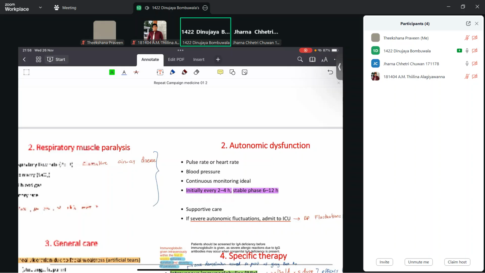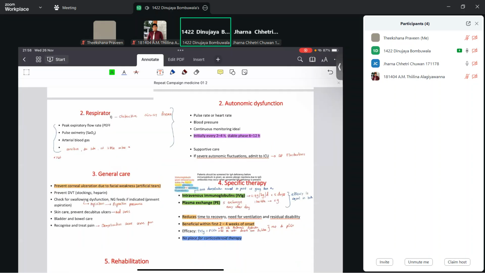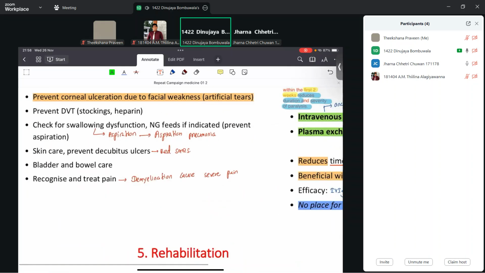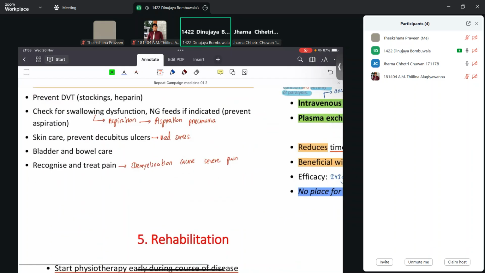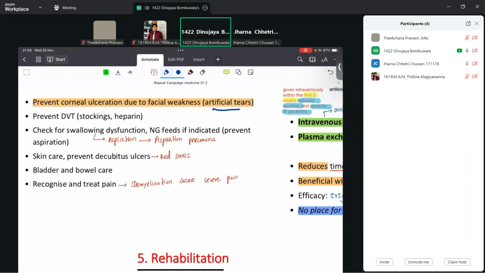So general care: if the patient is having facial nerve palsy, we have to provide artificial tears, because it can cause corneal ulceration if the eyes are continuously open and exposed to air. Also with any type of paralysis or weakness, patients are bedbound and more prone to get DVT.